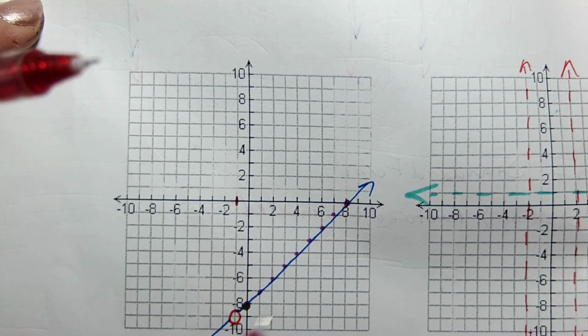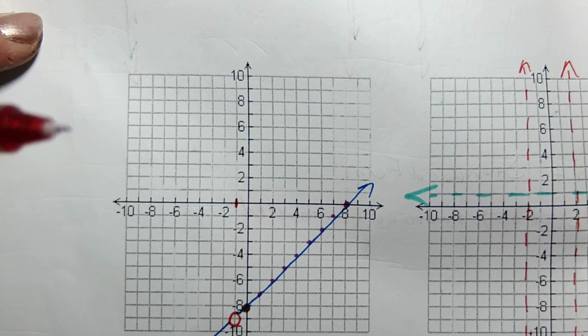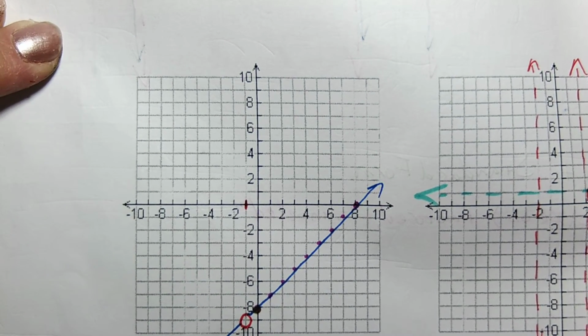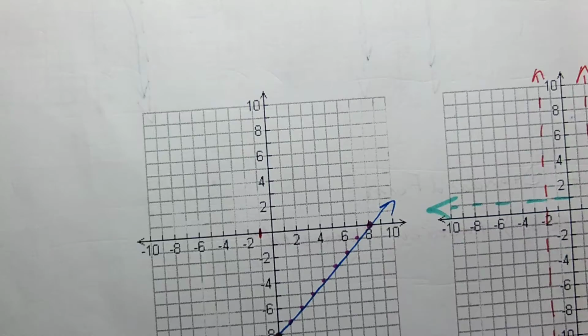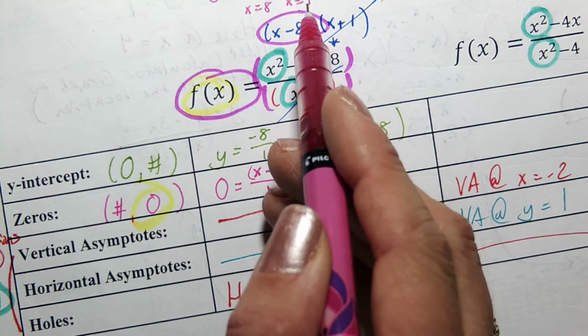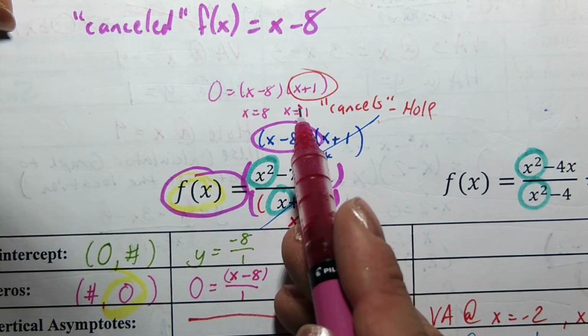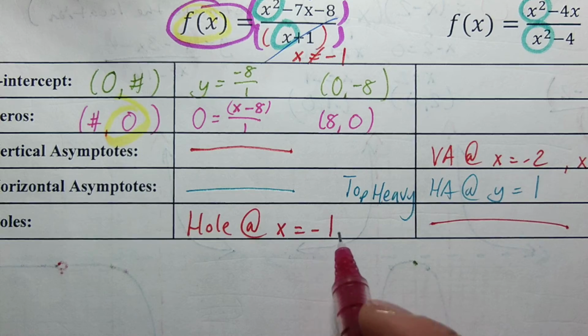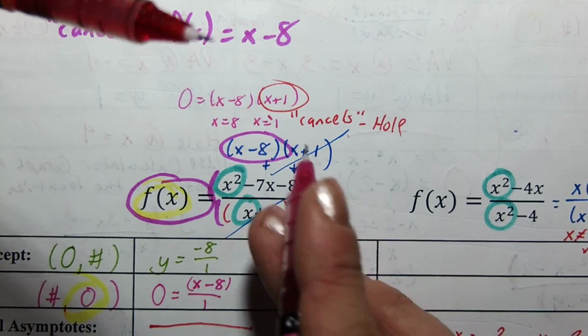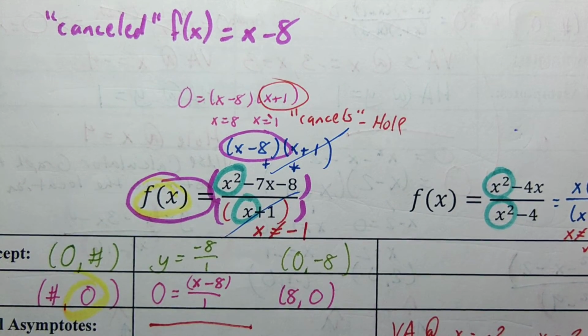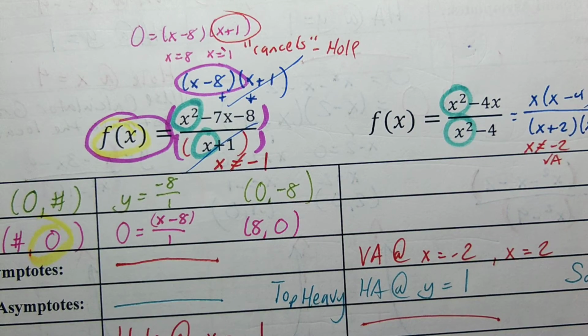It's not even connecting to it. I don't even see that as a point on my calculator. So if you don't cancel out that factor, you are going to get a point that is the restricted value, or the hole, or the asymptote, and it won't make sense with the graph. So this is why, folks, use the canceled equation when you are trying to find those zeros.